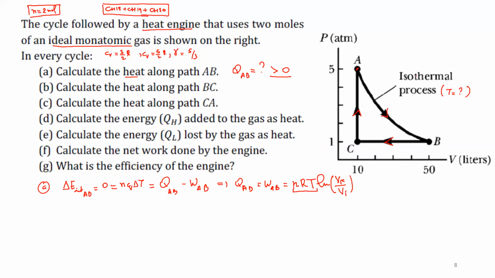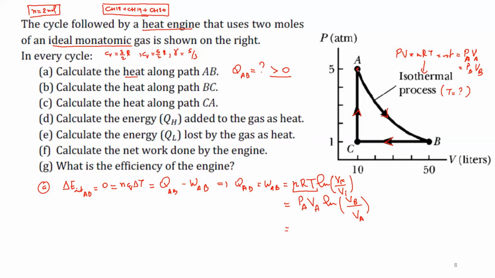When I have an isothermal, PV, which is equal to nRT, is a constant along the isothermal. So that means nRT is just PA VA, which is also equal to PB VB. So this nRT, I will replace it by PA VA ln of V final. What is V final here? Of course, it's VB divided by VA. So let me put the numbers.